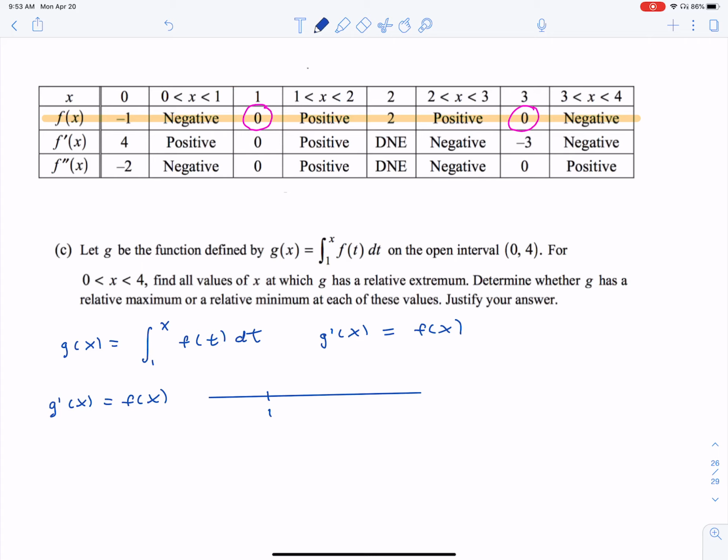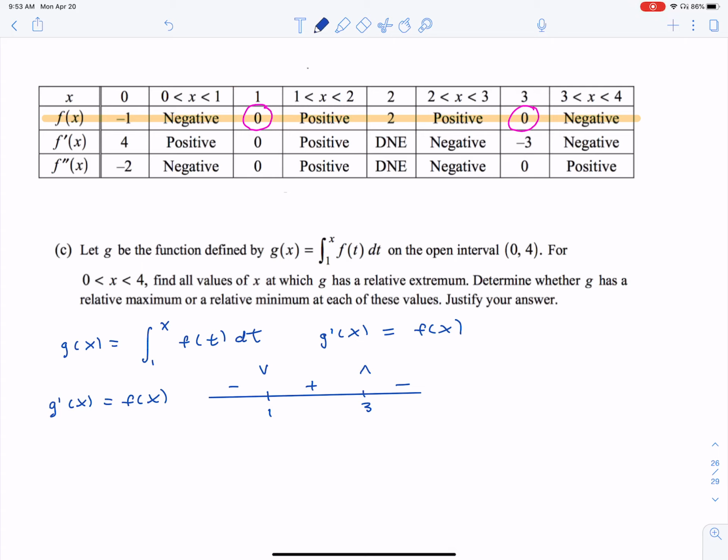We have a critical number at 1 and a critical number at 3. To the left of 1, it's negative. To the right of 1, it's positive. To the left of 3, it's positive. To the right of 3, it's negative. So we have a minimum here and a maximum there.